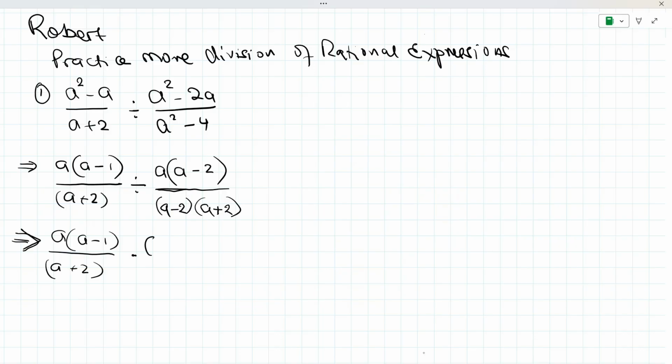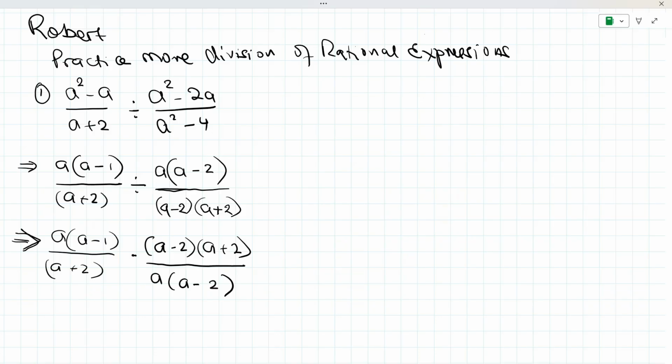And that means at the top, in the numerator part, we'll have a minus 2 multiplied into a plus 2. And what we had here in our numerator now goes to the bottom, because we have to multiply by the reciprocal of our previous expression. So then this becomes a into a minus 2.